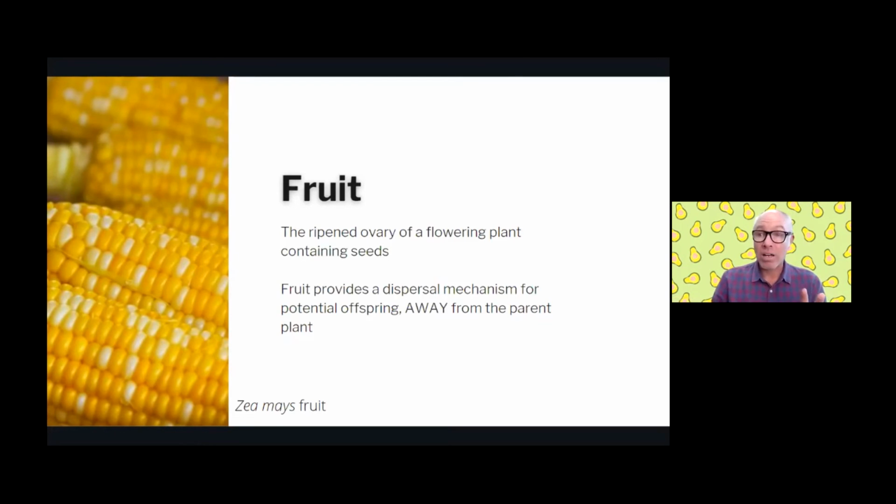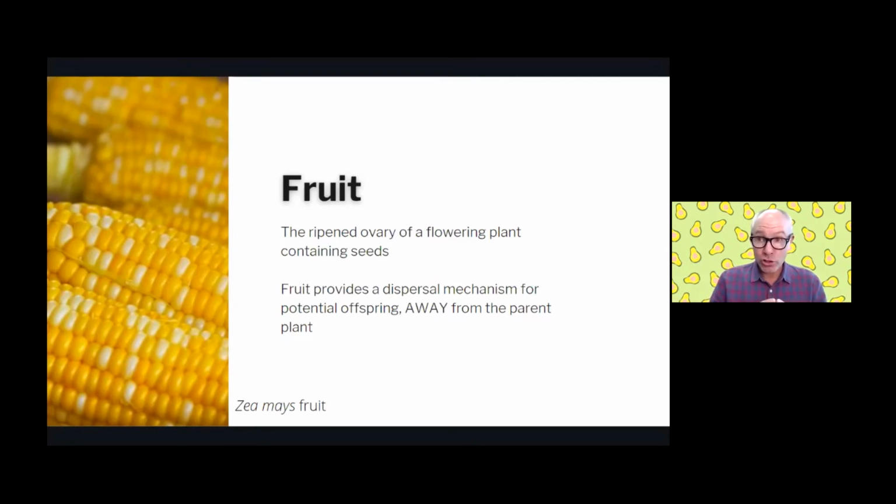No matter what, sweet, poisonous, edible, dry, covered in spines, if it's a ripened ovary full of seeds, it is a fruit, botanically speaking, okay?